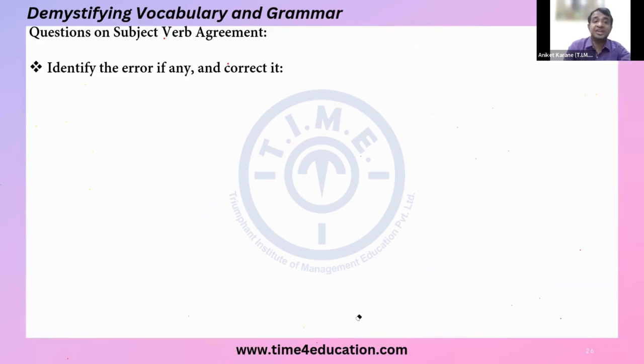So I have written identify the error, if any, and correct it. So remember, there can be questions where no error is also possible. Always remember to read the directions of the question given. Because if it is written, if any, it means if there is an error, only then you will find it and correct it. Right? So please be aware of this.